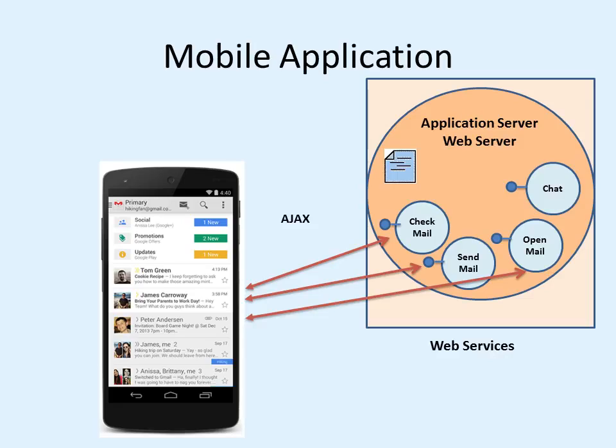If you want to compose and send an email, then the send mail function will be called. This user interface is not developed using HTML but using Android's language, which is similar to Java. So it's an Android app, or on iPhone it is developed using Objective-C. So it's an iPhone application.